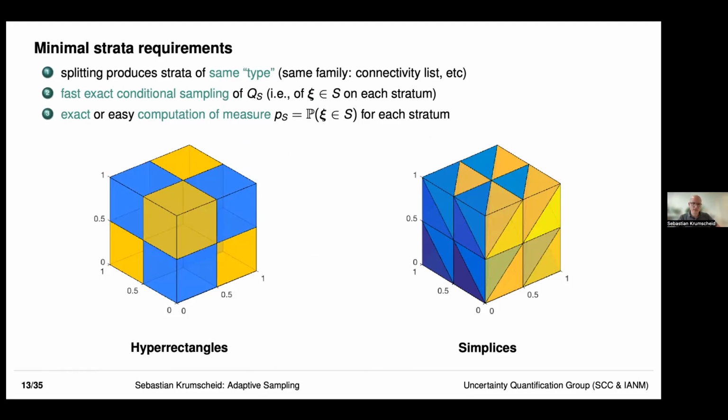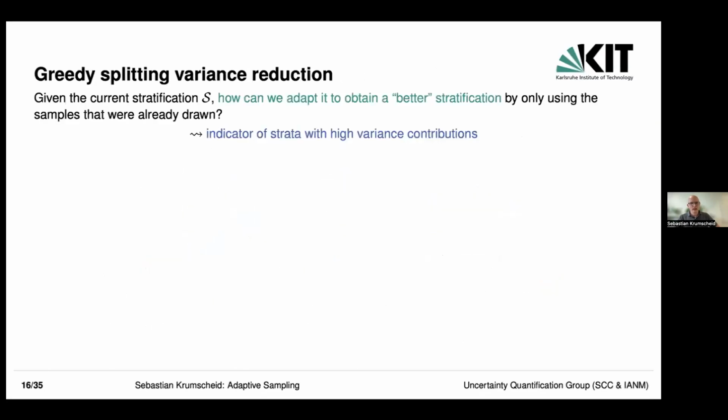The question we're trying to answer is, where should we split, right? To keep it simple, we want to split in a way that, using the next batch of samples that we add to the existing ones, we get an estimate that has reduced variance. So we need an identifier to show us in which stratum we have high variance, because these are the ones that we want to split. And there exist a bunch of different techniques.